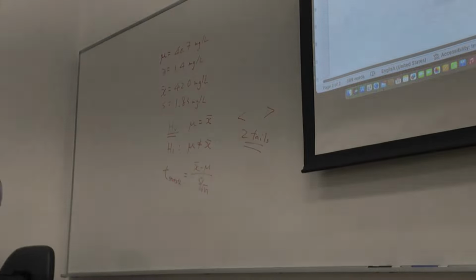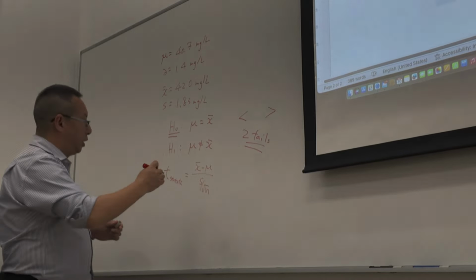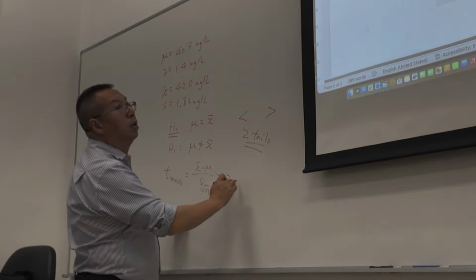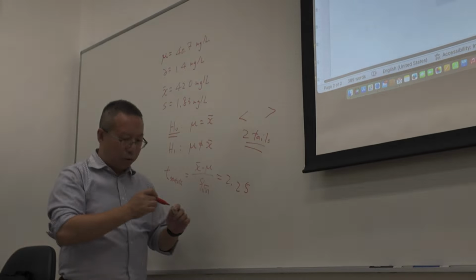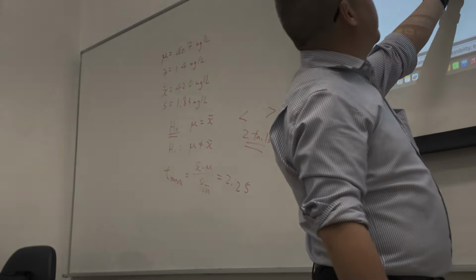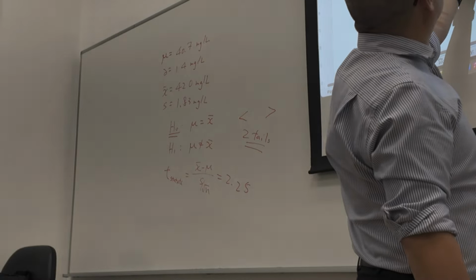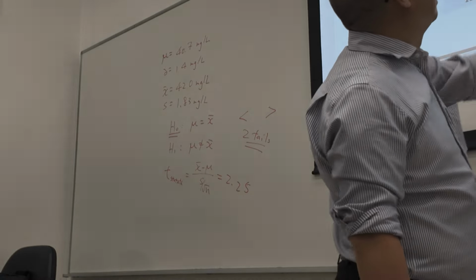Okay? And so you have the t statistic of 2.25. Usually we will take 95% confidence for this case. And if you go back and take a look at the table, when the degrees of freedom equals 9, it is 2.262.